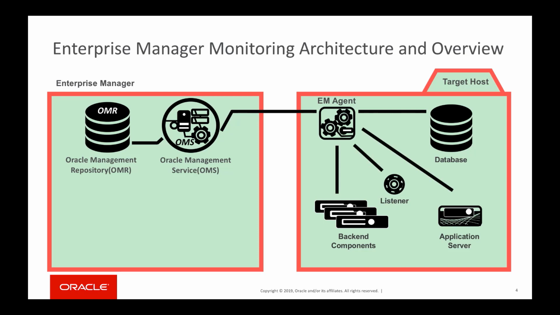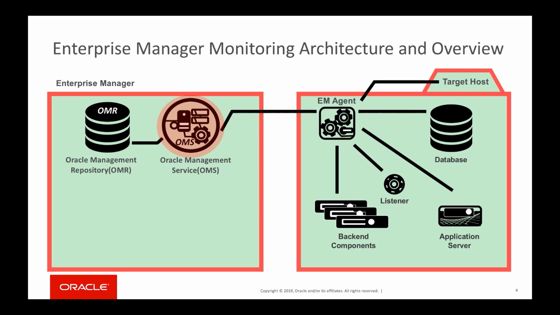They are, in this example, database, application server, listener, and other components. And of course, the host system itself. Then the agent sends the collected target information back to OMS, which is the centerpiece of EM. OMS then processes the request and writes it down to OMR, which is a database where EM stores the information. So this is a high-level diagram on how Enterprise Manager works.